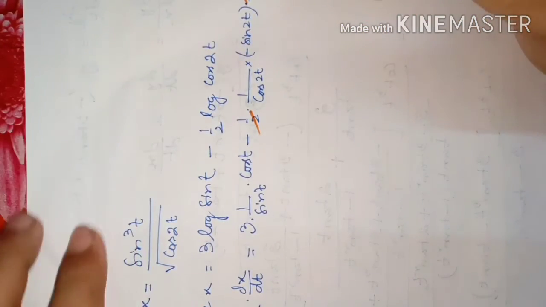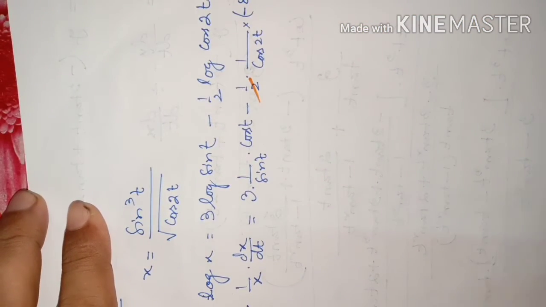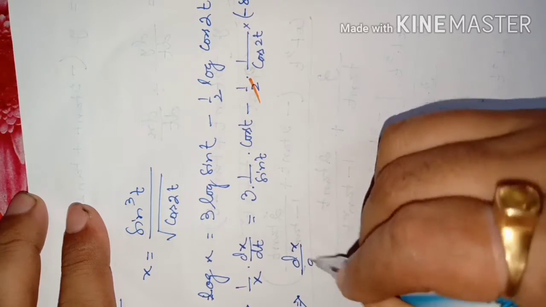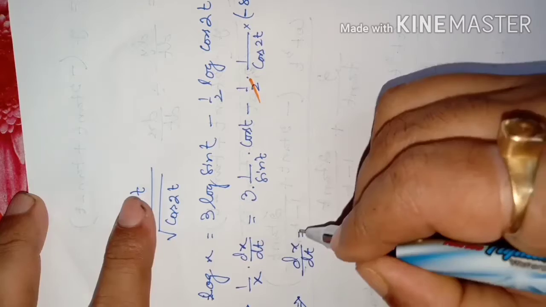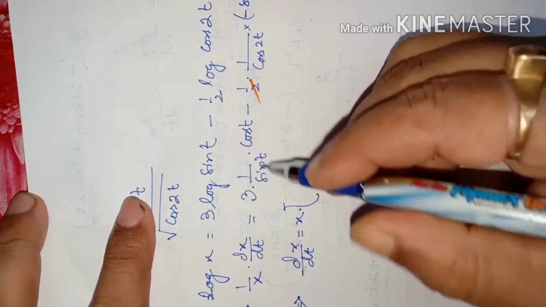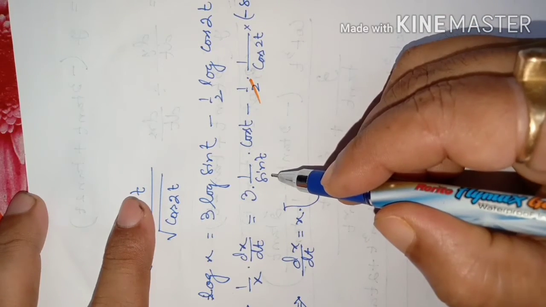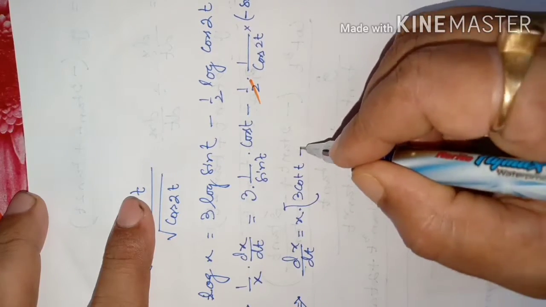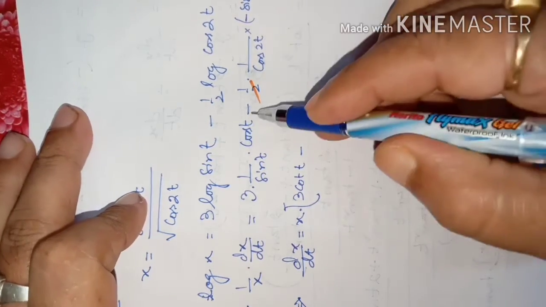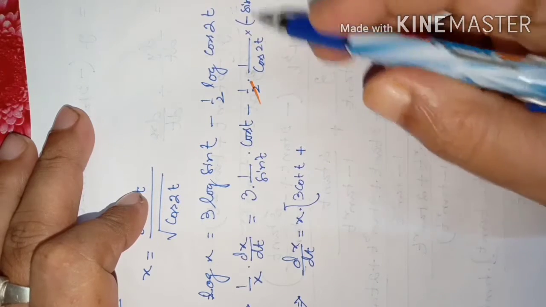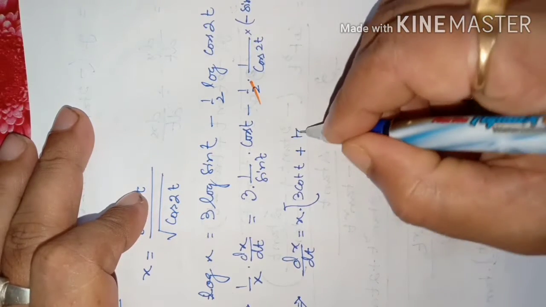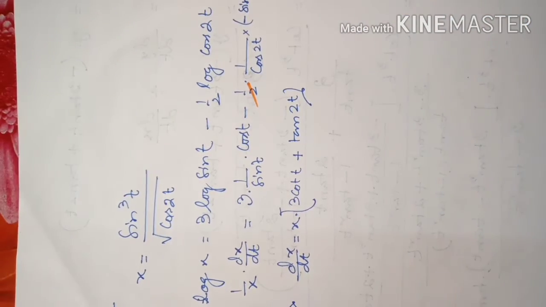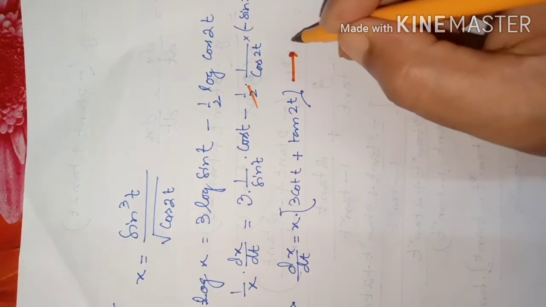So the final thing is, if we take this x to that side, dx by dt is equal to x into 3 cos by sin, that is 3 cot t, minus, and this minus becomes plus, sin by cos, tan 2t. This is dx by dt.